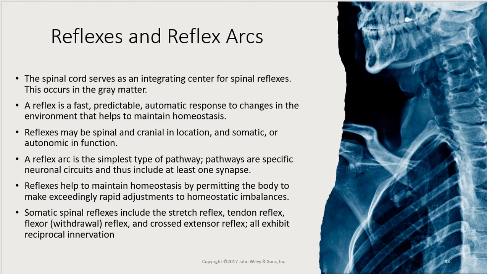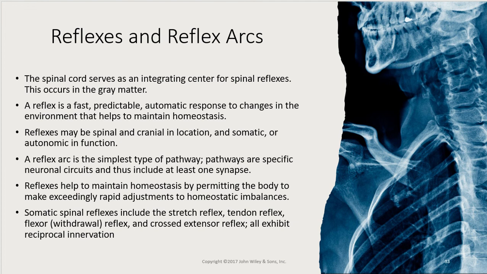So let's look now at the reflexes and the reflex arcs, because these are actually really interesting. So the spinal cord is going to serve as an integrating center for spinal reflexes, and these are going to occur in the gray matter. So a reflex is a fast, predictable, automatic response to changes in the environment that help to maintain homeostasis.